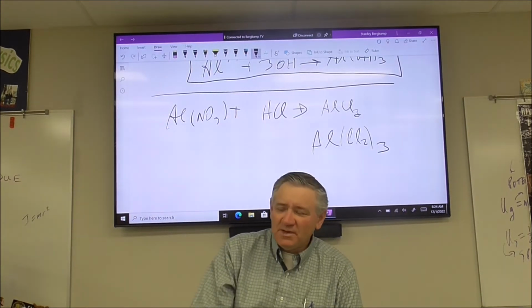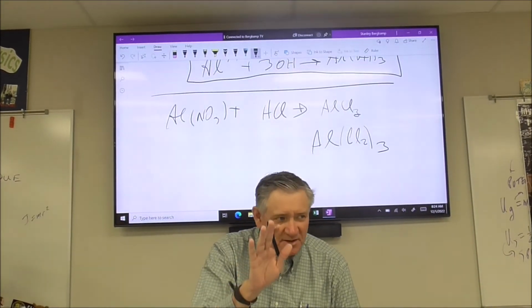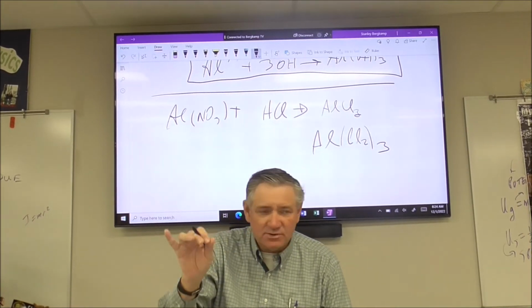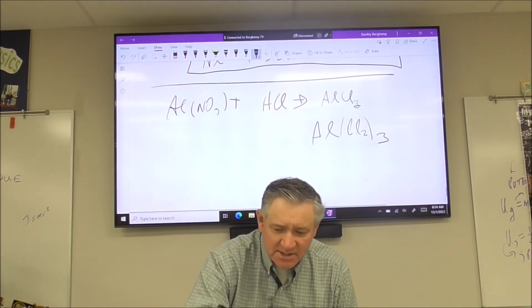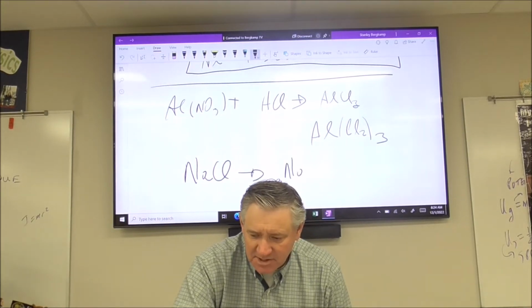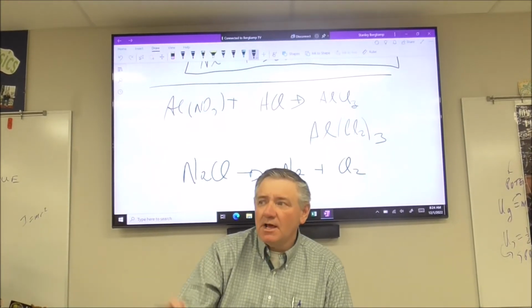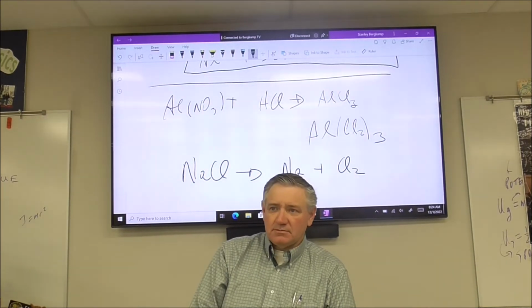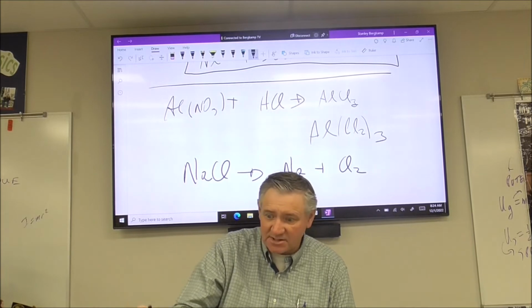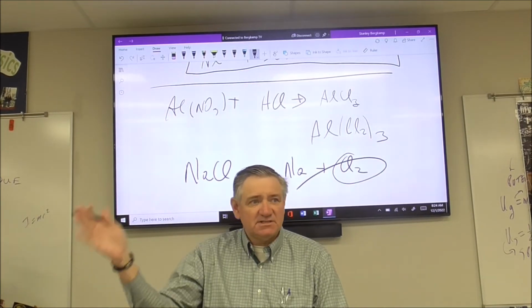The only time it's a diatomic is if you were to actually produce chlorine gas. If you were to take sodium chloride and do a decomposition and produce sodium and chlorine, then it would be diatomic.